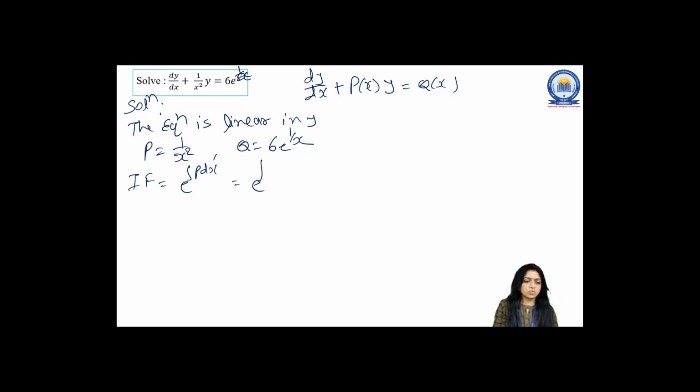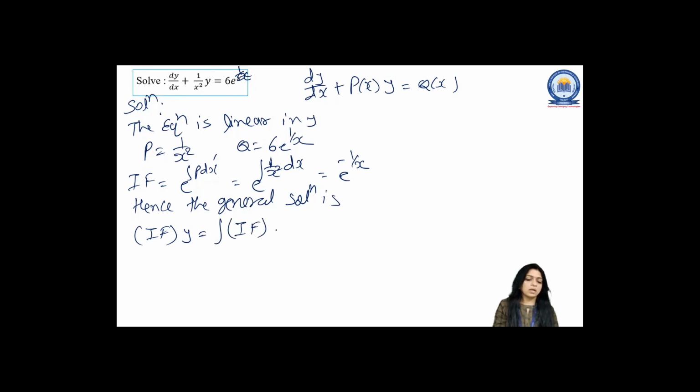So e raised to integral of 1 upon x square dx, that is e raised to minus 1 by x. Hence, the general solution is integrating factor into y equals integration of integrating factor into q dx plus c.